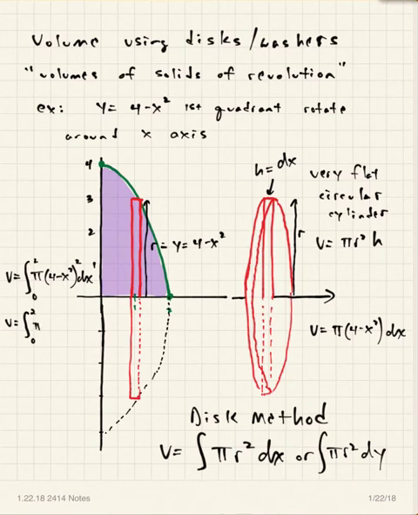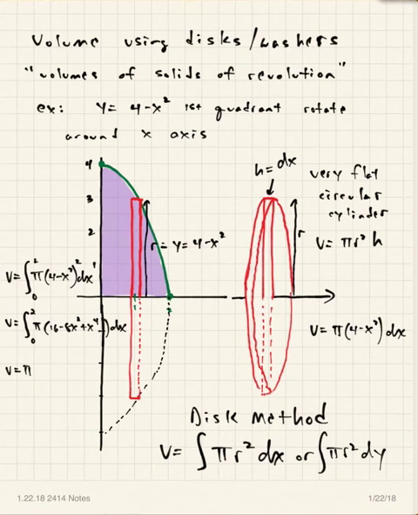So you have pi times 16 minus 8x squared plus x to the fourth dx. And then you can continue on with that integral, right? It's a polynomial. It's not too bad of an integral. It's just messy at the end here.